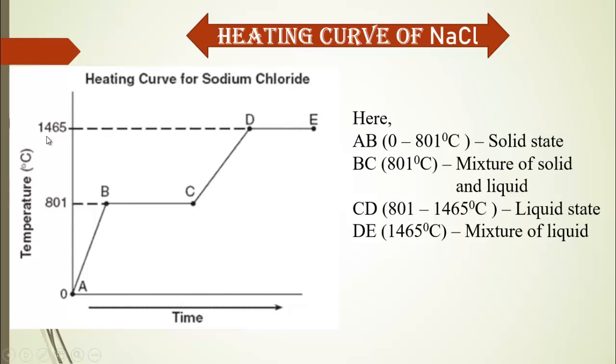This is 1465 degrees centigrade. So here the liquid and gaseous states of sodium chloride coexist, and above 1465 degrees centigrade we will get just sodium chloride vapor. So this is the heating curve of sodium chloride salt.